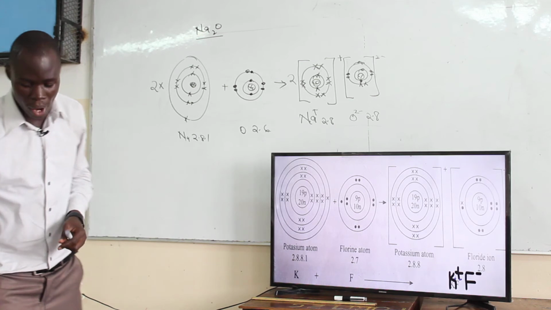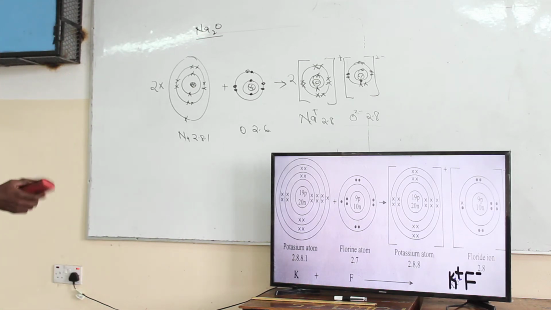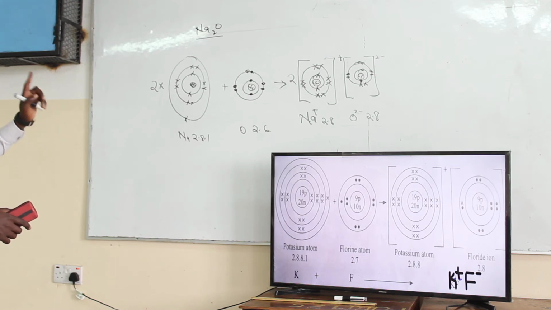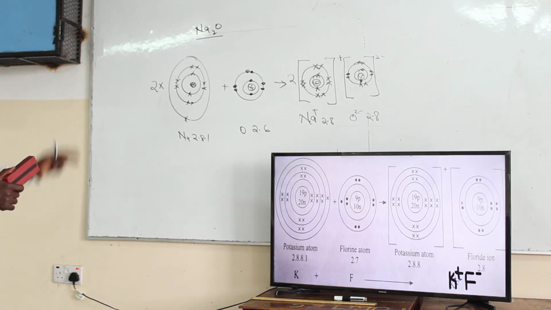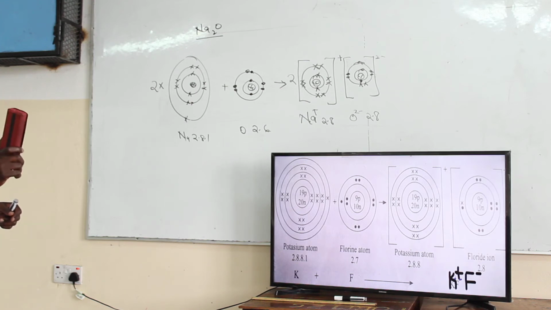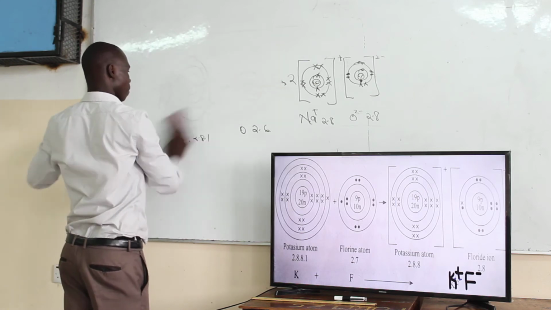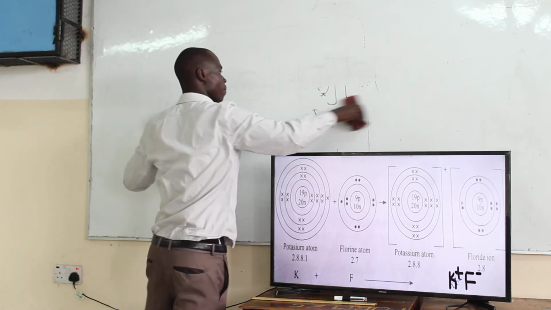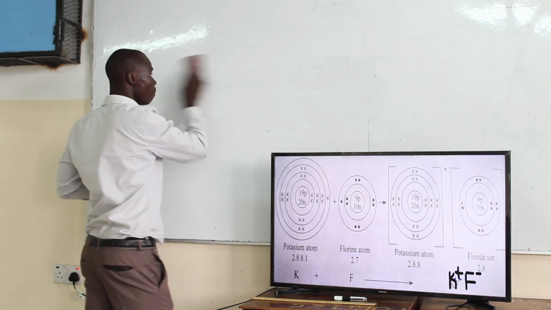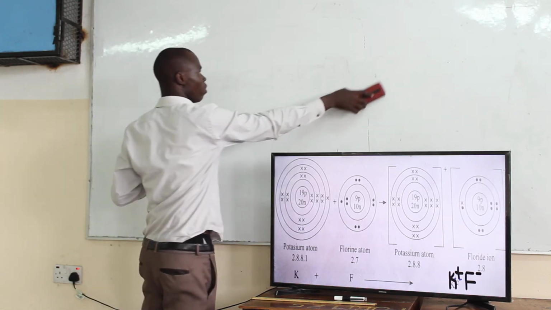Now we want to consider a case whereby the one giving is supposed to give 2, but the one receiving is supposed to receive only 1. What do we do now? For example, beryllium fluoride.